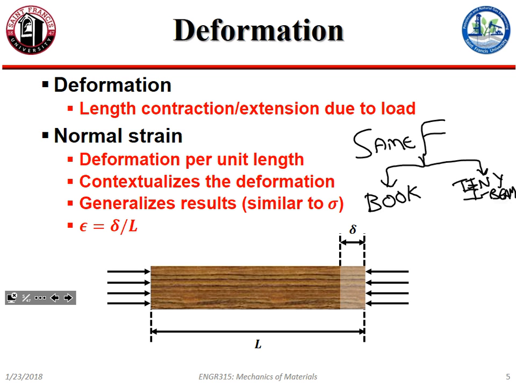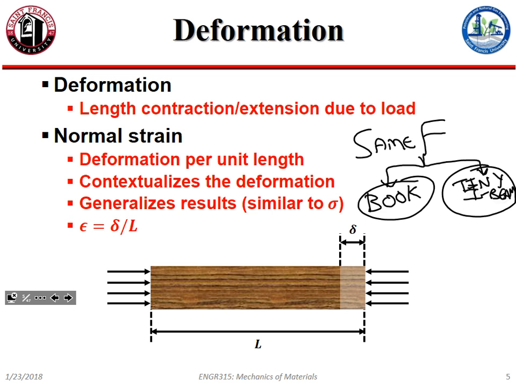Because they're different sizes, we can capture that in stress. So you might say that we're normalizing force by cross-sectional area to create stress. And that shows us the difference between these two items when I apply the same force. Does that make sense to everyone?